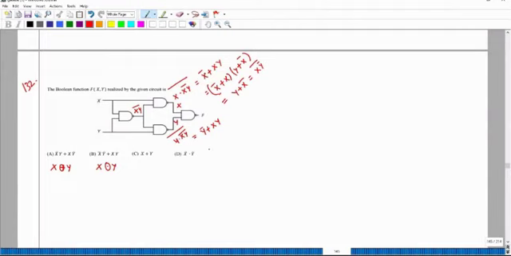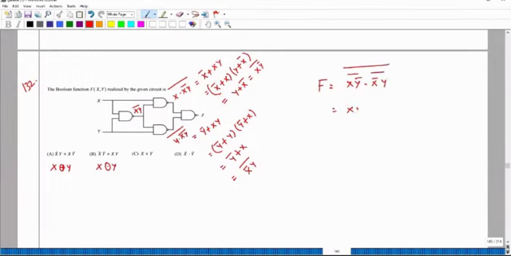Here I can write it as x bar y and y bar plus x. So this is equal to y bar plus x and this is x bar y the whole bar. So what is now F? F is equal to x y bar the whole bar into x bar y the whole bar the whole bar.